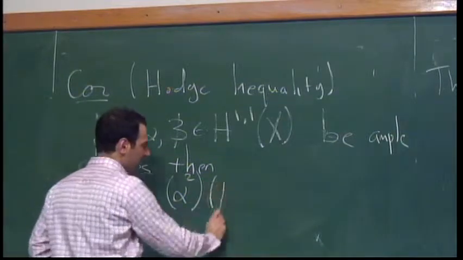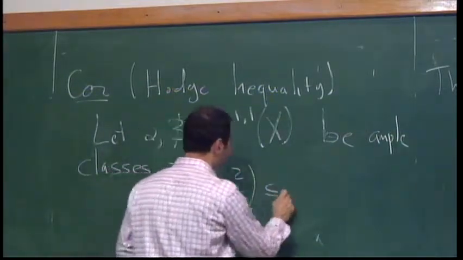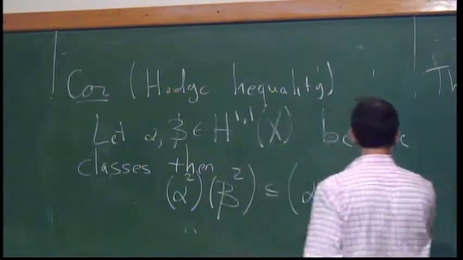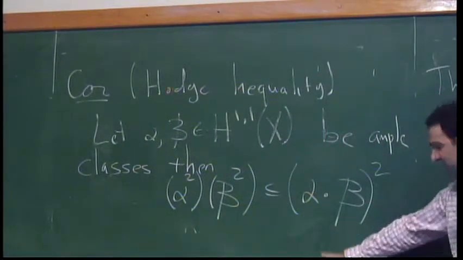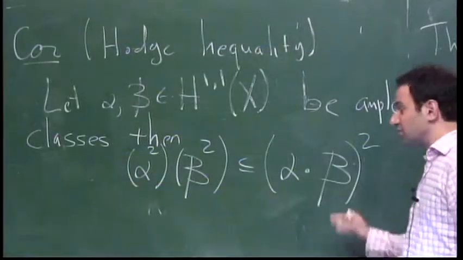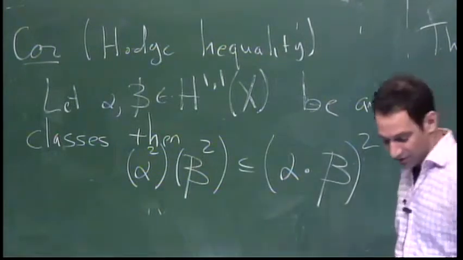Then you have the following inequality of intersection numbers. And notice it also looks like Cauchy-Schwarz with the inequality going the wrong way.